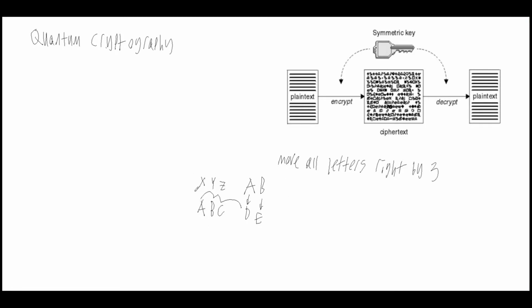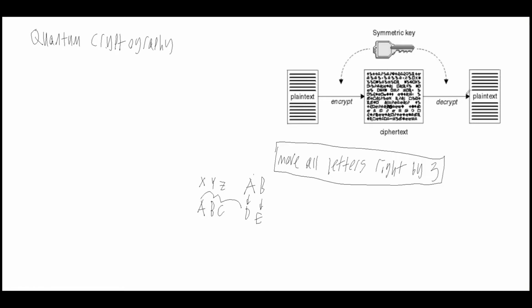So that's a very simple case of what an encryption would be, but in this case, the key would be this. And so you would type your message, it would shift all the letters to the right by 3, so that you would have just what would look like a jumble of letters here.